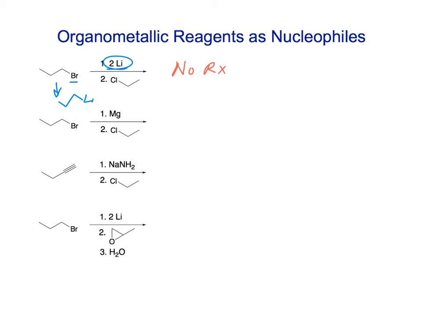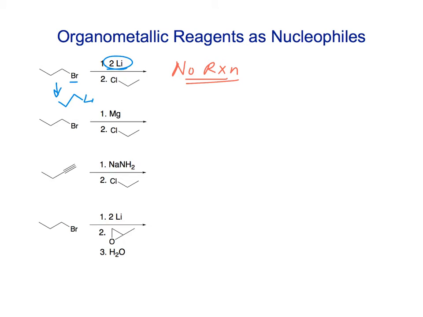It's not really no reaction, but what usually happens is the alkyl lithium that was formed through this metal halogen exchange can just react with the other chloride and do other metal halogen exchanges. The halogens and the metals are just exchanging, and they don't do what we want.